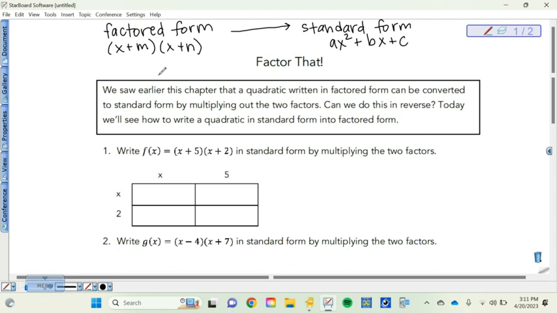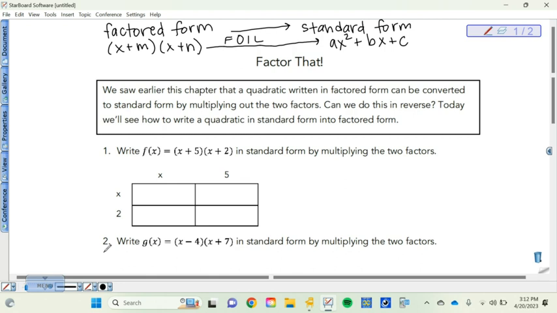How did we do that? How do we go from factored form to standard form? What method do we use to multiply two binomials? Yeah, the FOIL method. That's what we did in the last chapter, and that's what you're doing in numbers 1 and 2.